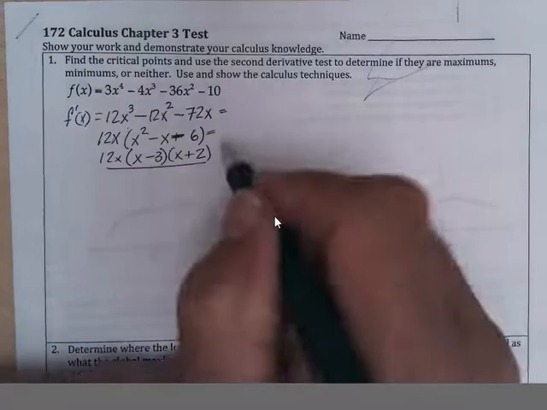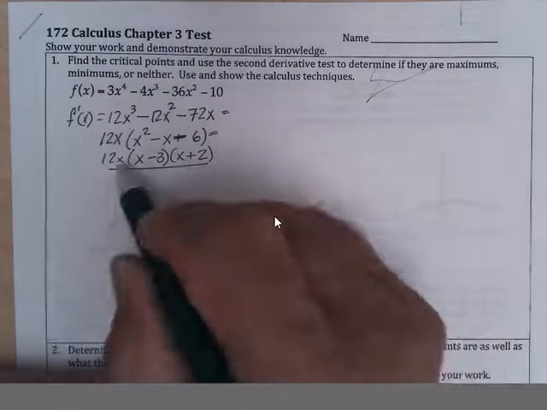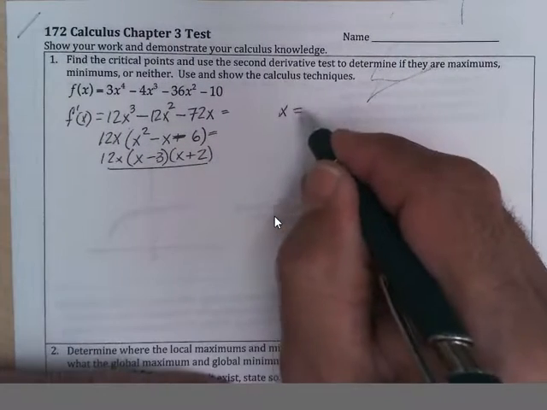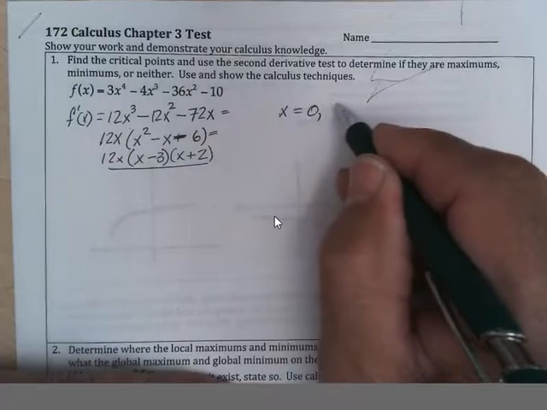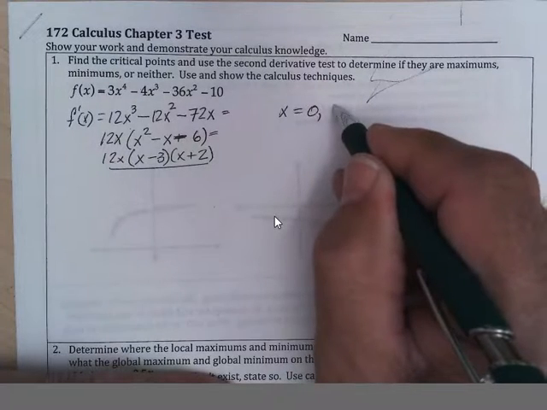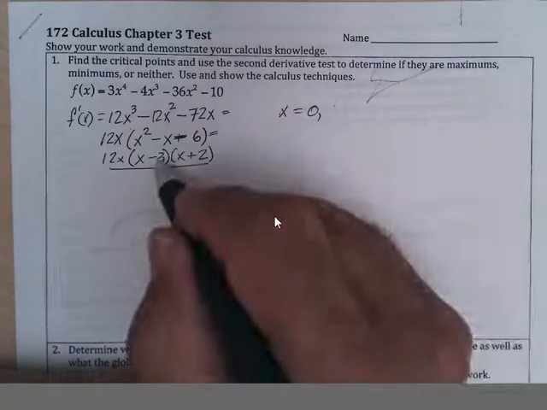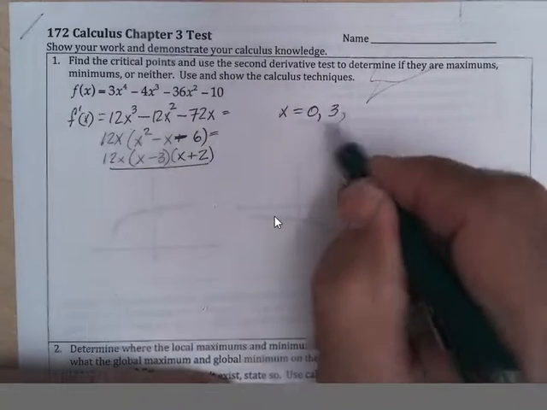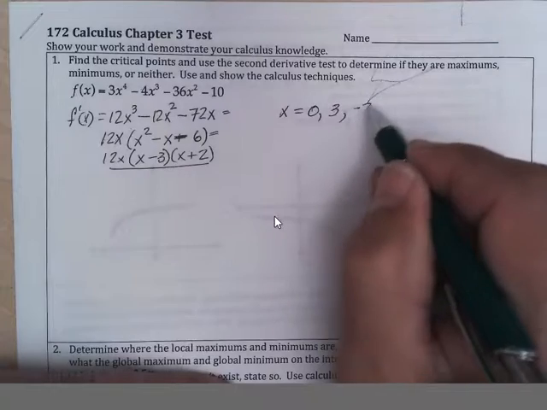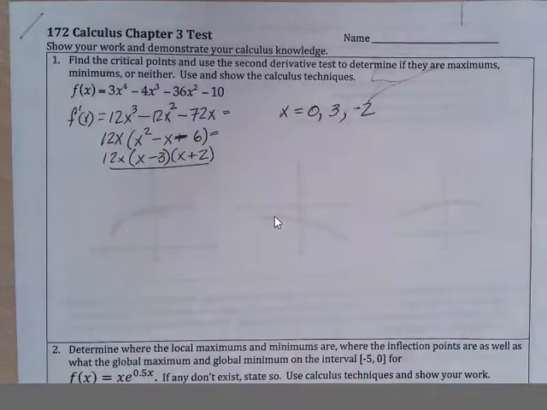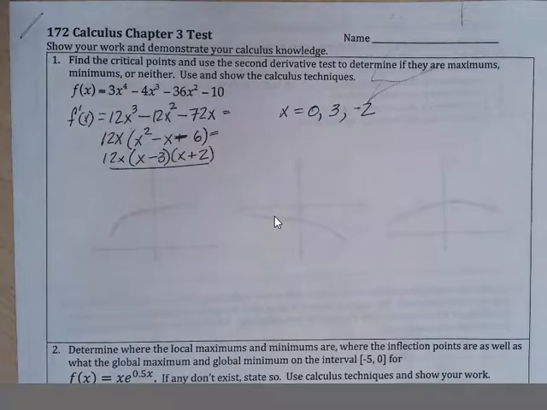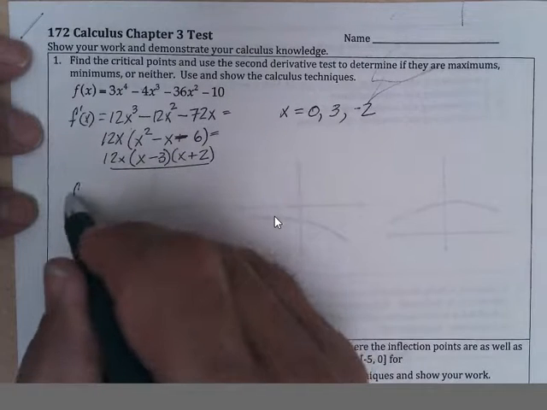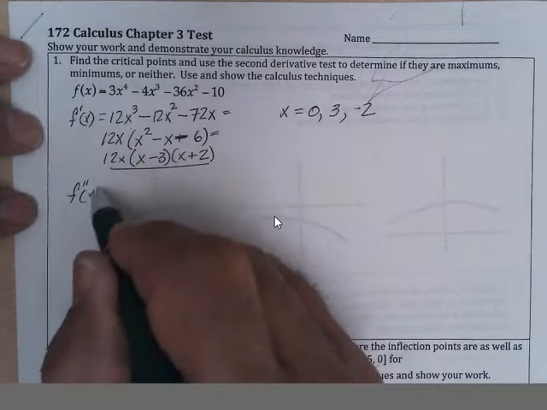So if I'm setting this equal to 0, then x has to equal 0, 3, or negative 2. So those are my critical points, critical places. Now, I need to find the second derivative, f double prime of x.